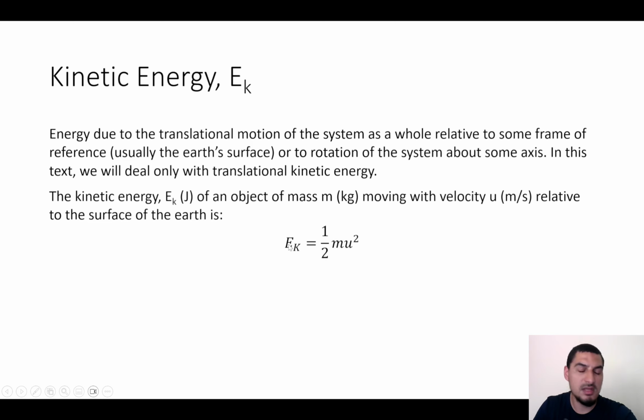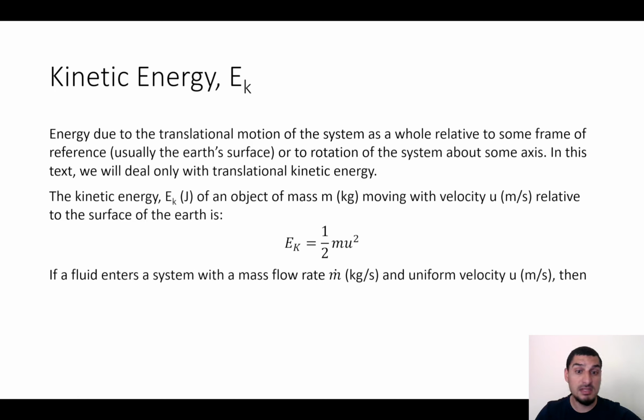In some other references it's written as K.E., and potential energy is P.E., but here it's E sub k. So this is the way we define the kinetic energy, for a specific mass. But if we have a flow rate, so we have m dot, in this case we'll have E dot sub k.